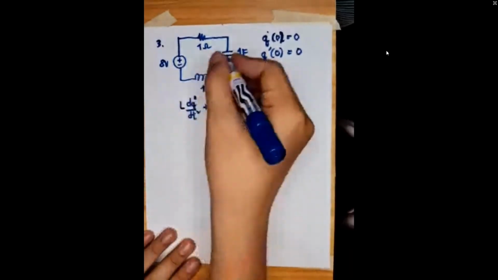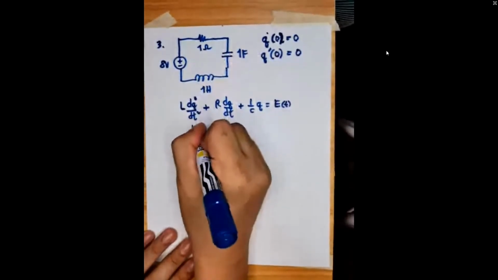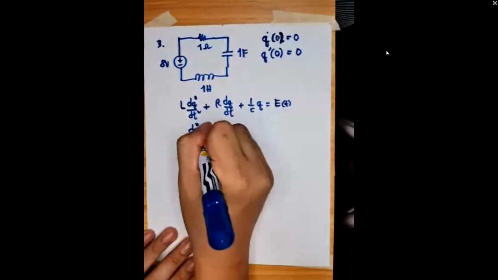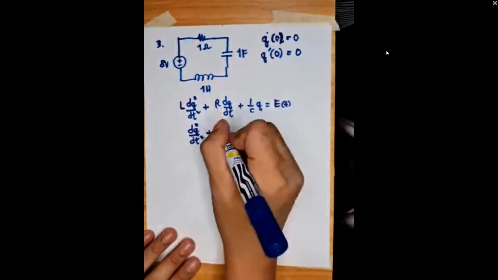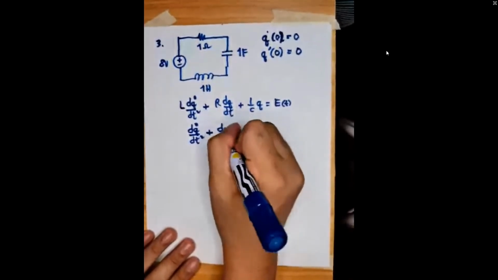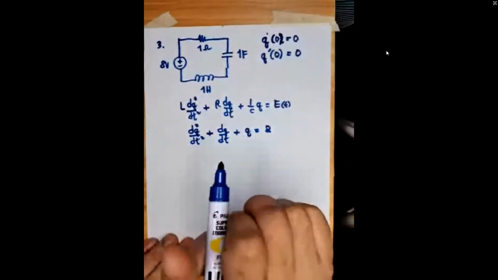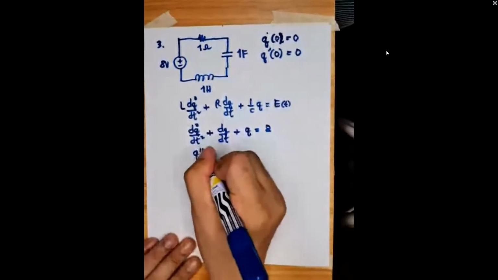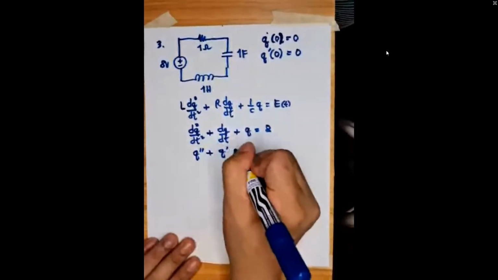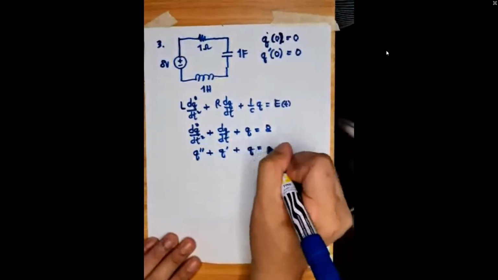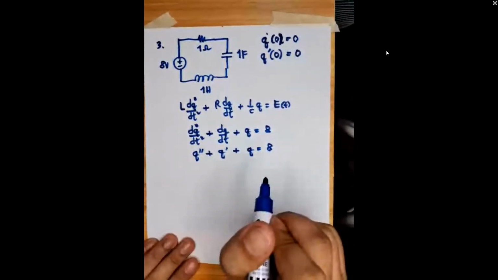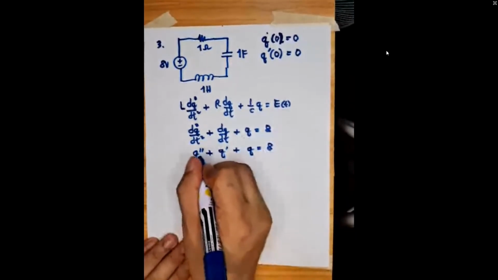So that's equal to, so let's just transform. So this is d squared q over dt squared plus dq over dt plus q is equal to 8. Or we can transform this as q double prime plus q prime plus q is equal to 8. Okay, so what's our q double prime?